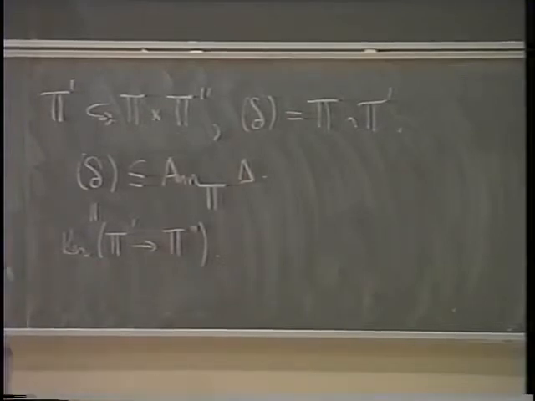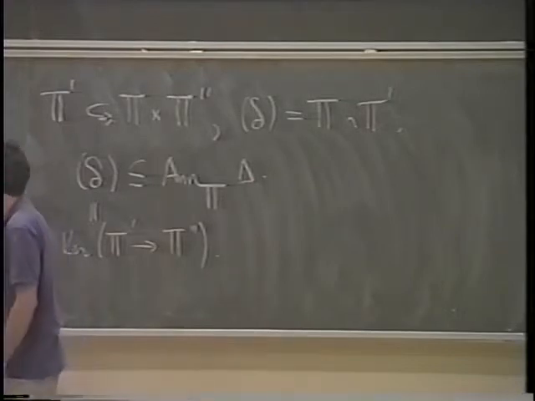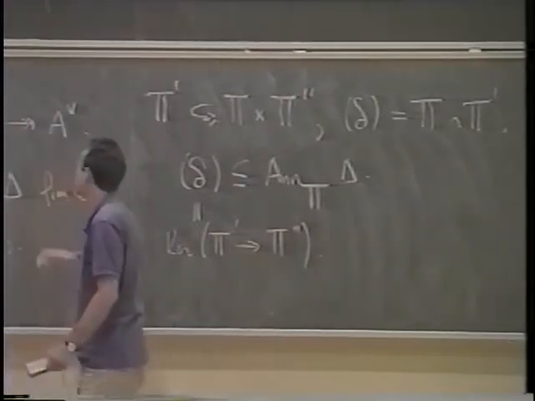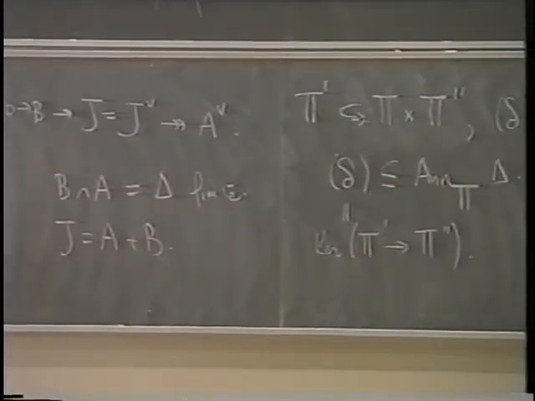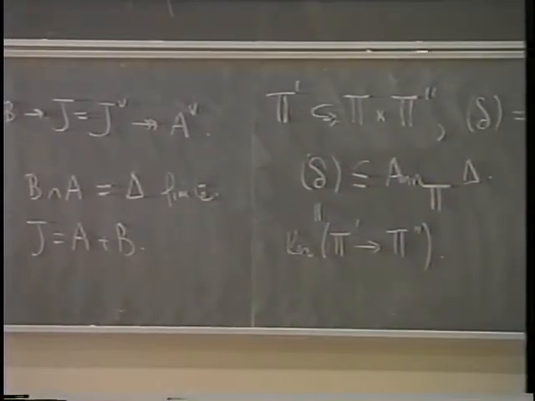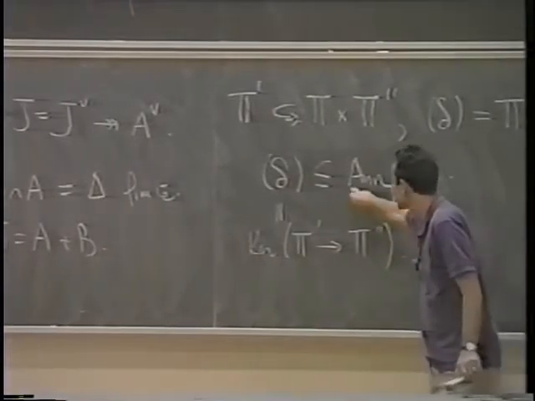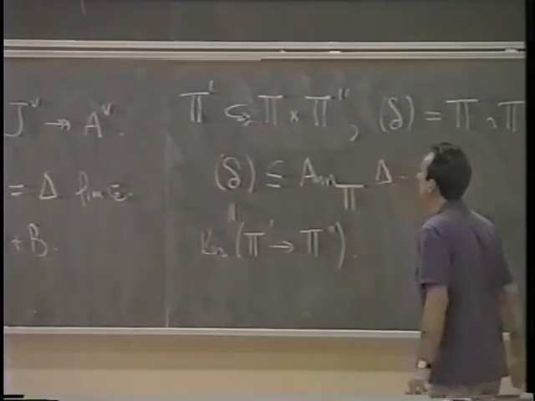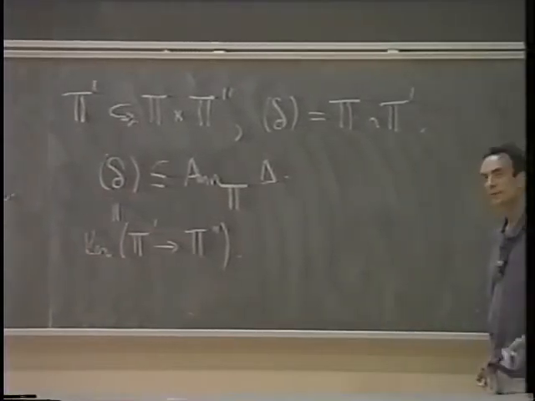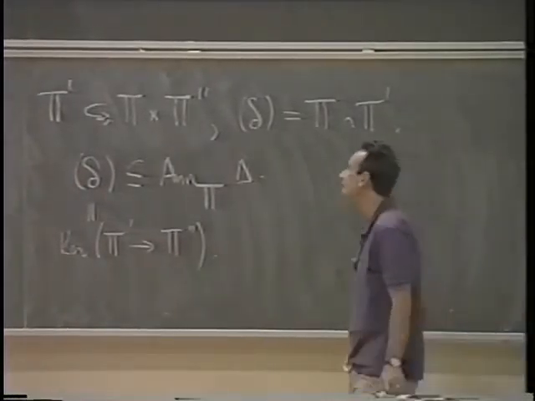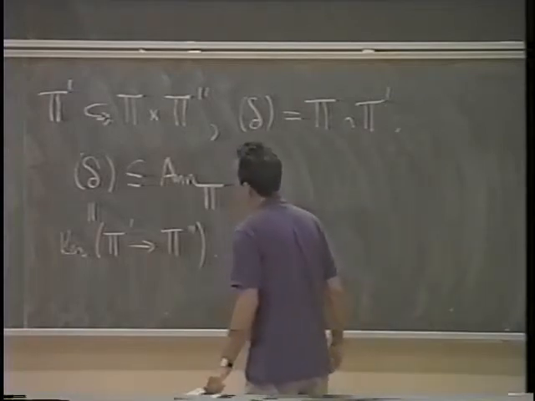So if you have something which dies on B, it will annihilate B intersect A, which is delta. So if you have something in, let's say, T prime, which dies on B, it's going to die on the intersection. You have an inclusion like this if you think about actions of T prime. But on the other hand, T prime is acting through its quotient T on both of these modules.